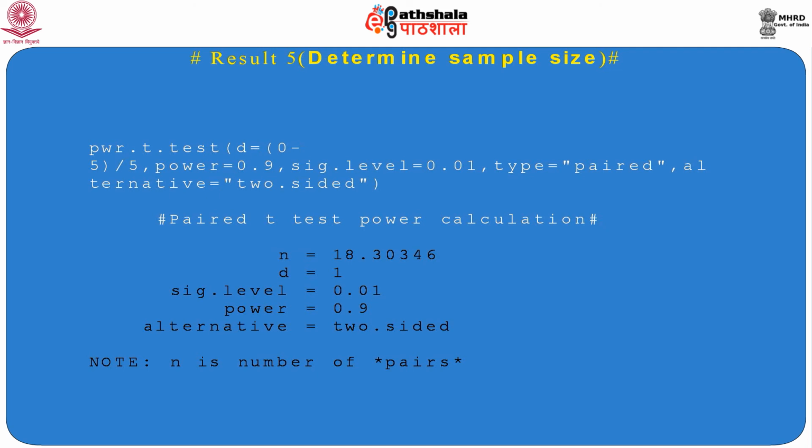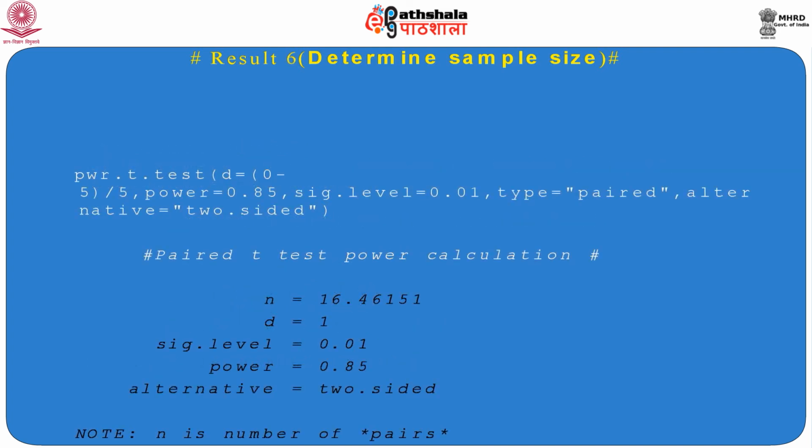So see, initially when our sample size was calculated with power equal to 0.9 and significance level 0.05, we got a sample size of 12.58. But now we just changed sig.level to 0.01 from 0.05, so it increased, and the sample size also increased from 12.58 to 18.30.